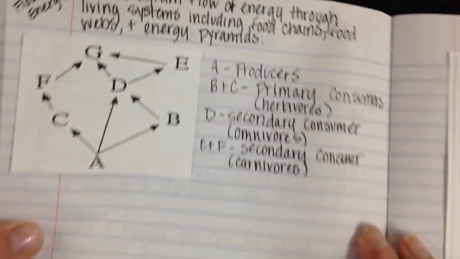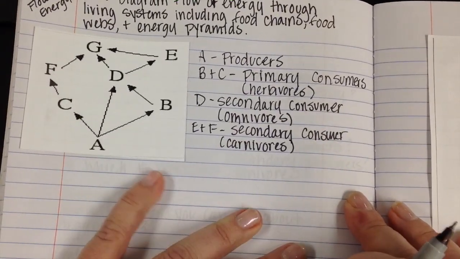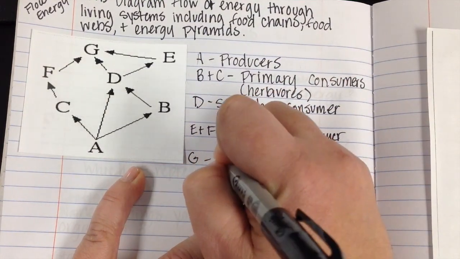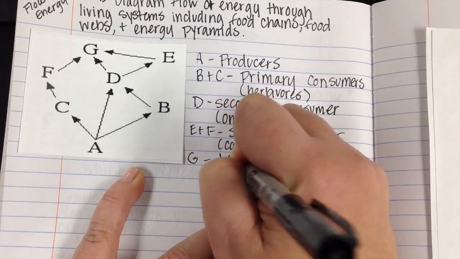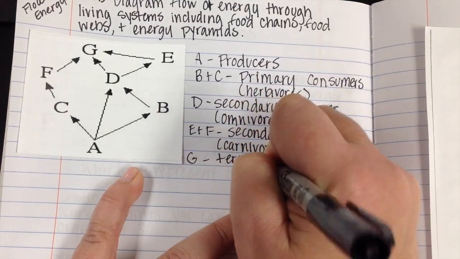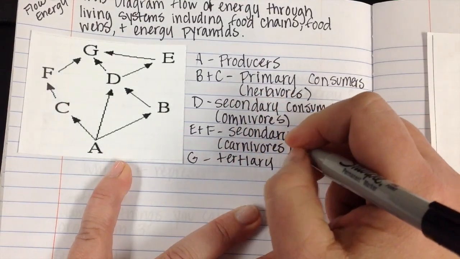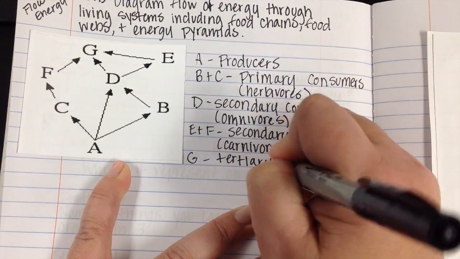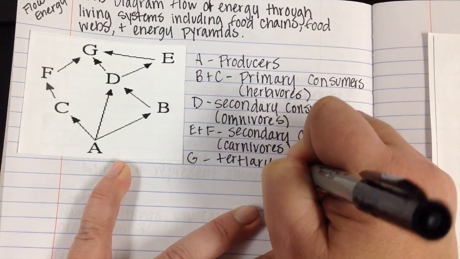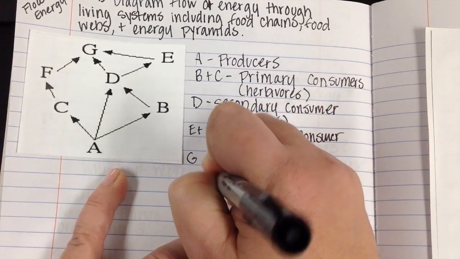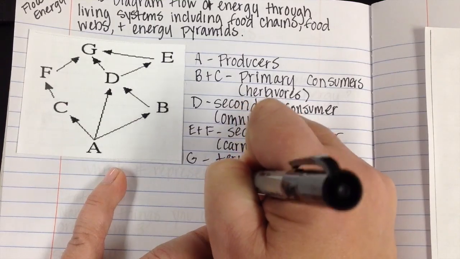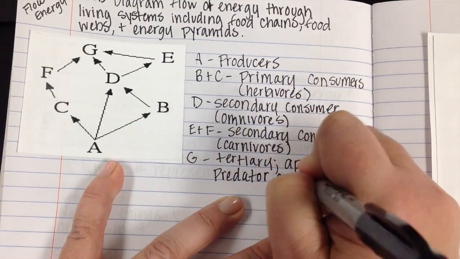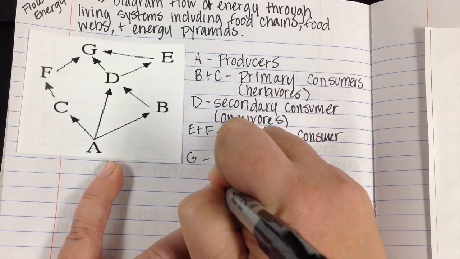Now, organism G, on the other hand, is a tertiary. It's also known as an apex predator or top carnivore.